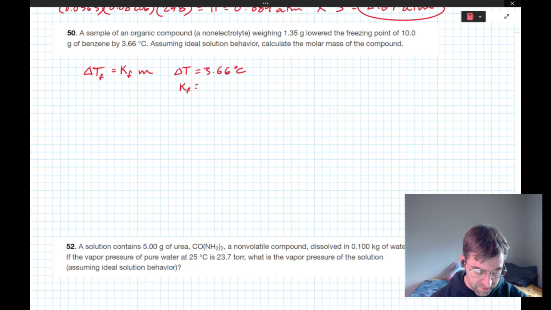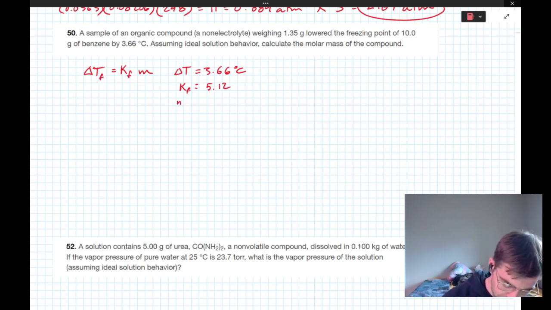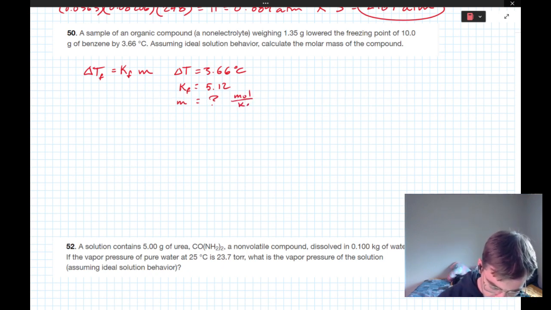Benzene is our solvent, so 5.12. And our molality is the thing that we're solving for, and that'll be in moles per kilogram. And ultimately, we're trying to get to a molar mass of the compound.